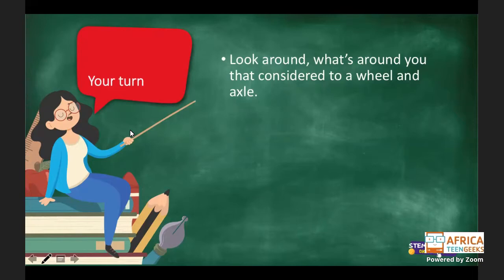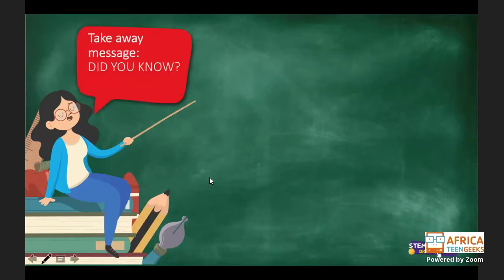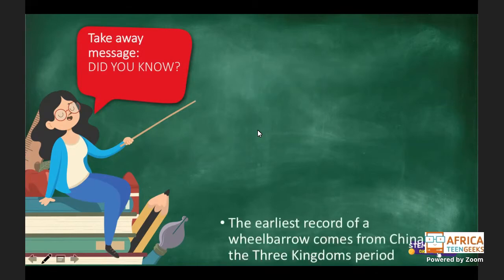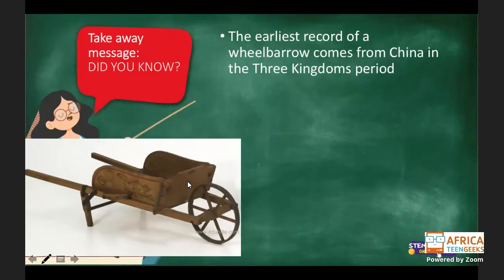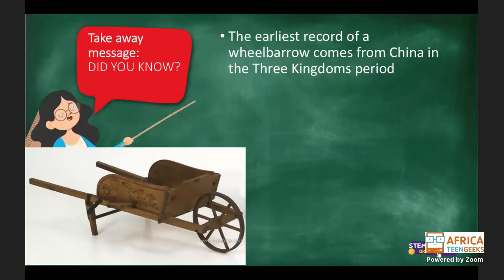So, let's move on. And so, the takeaway message for today's lesson is that the earliest record of a wheelbarrow came from China, in the Three Kingdoms period. Then this was an earliest wheelbarrow.